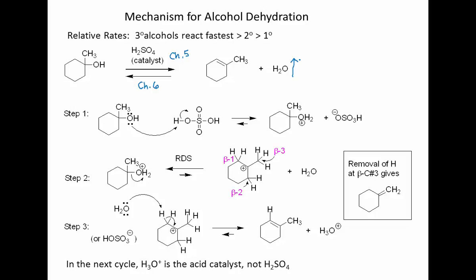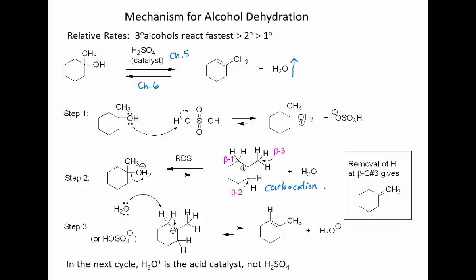Okay? And we expect this reaction with a very strong acid like sulfuric acid to go to the right. In step 2, this is our rate determining step. The water leaves to make our old friend, the carbocation. Okay? And water. This is where our byproduct water comes from in this step.